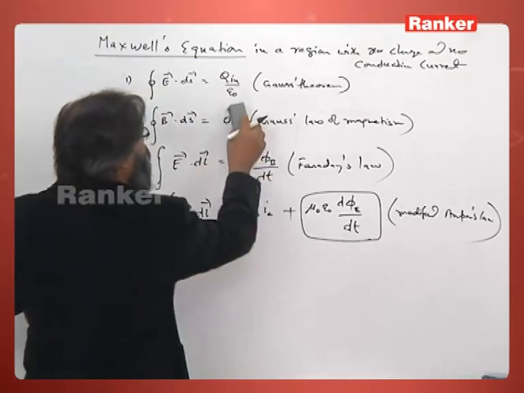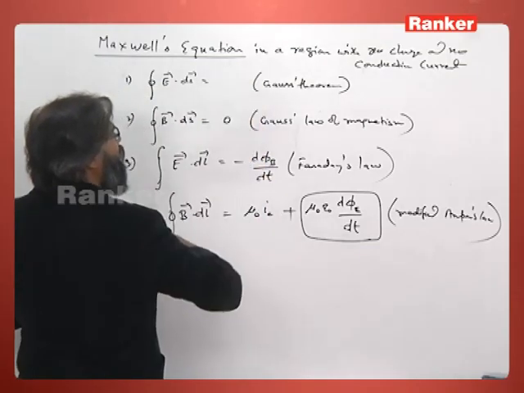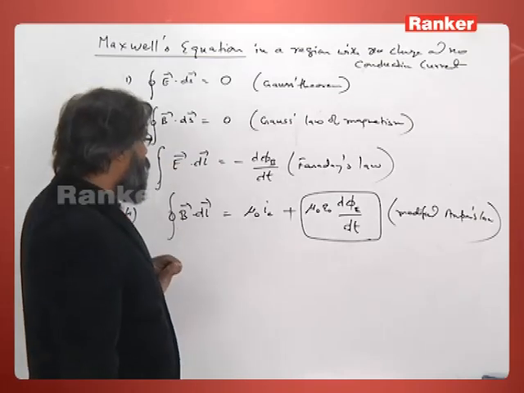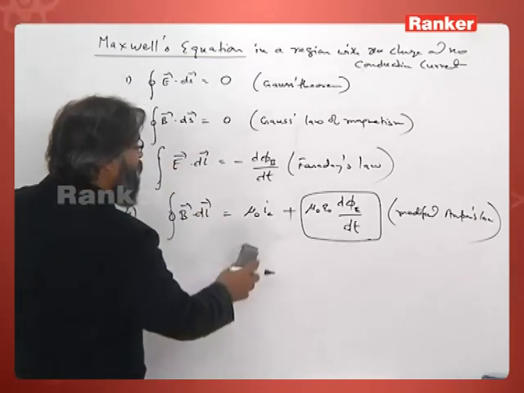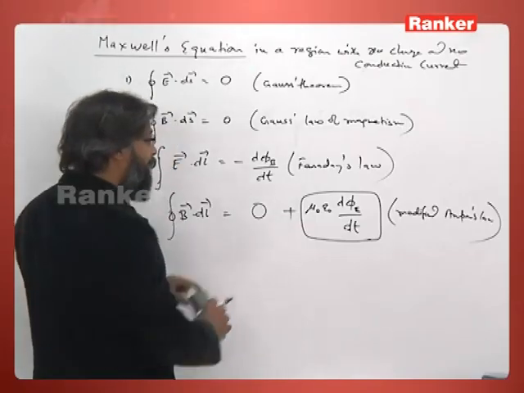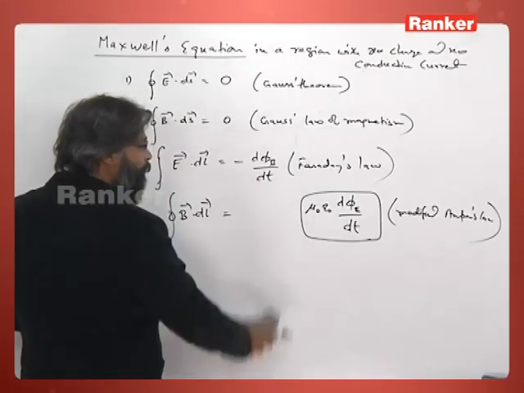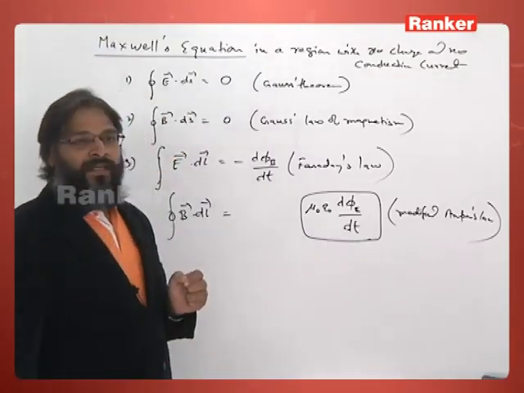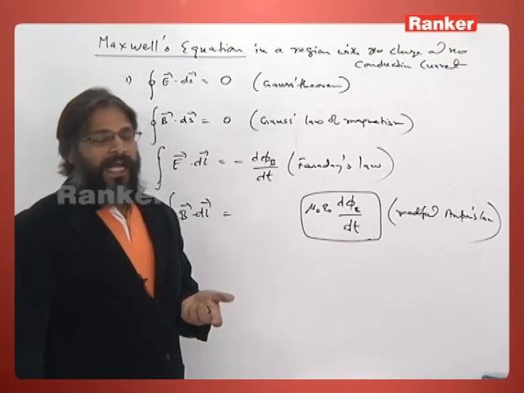Suppose there is no charge, then this will become 0. The closed-surface integral of B dot dS is 0, and when there is no conduction current, this term is not there. That means only this term is there. There are 4 sets of equations in the region where there is no net charge and net current.